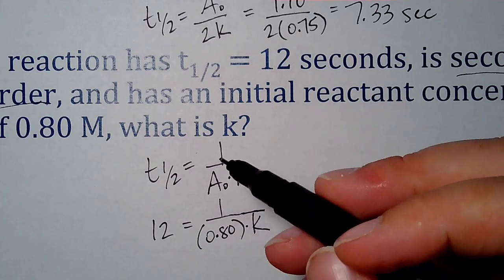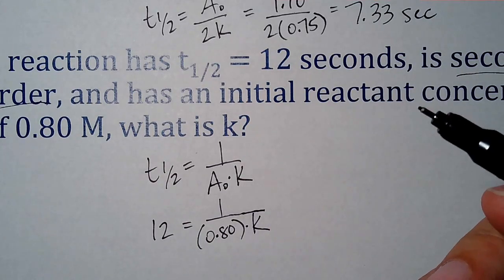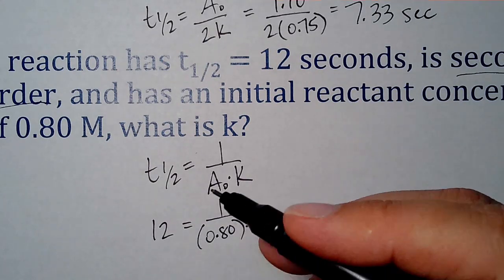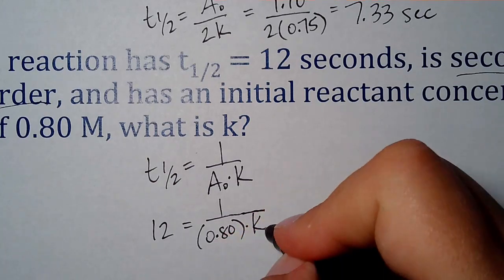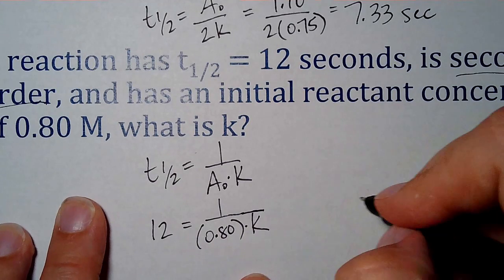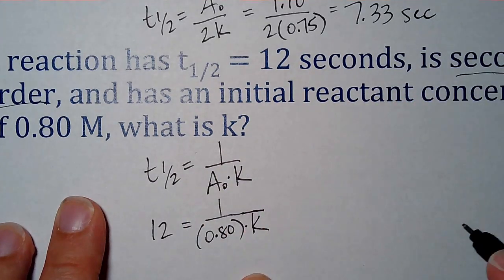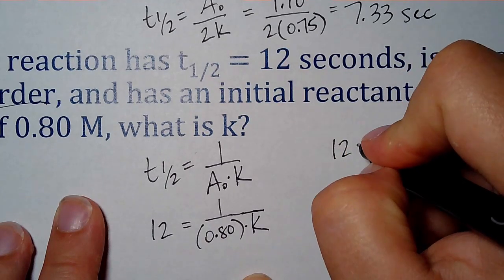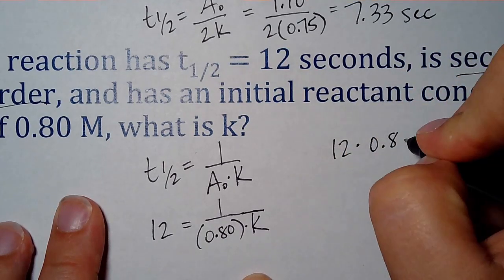We can do a cross-multiplying idea, or we can multiply the bottom part of this fraction over here, and I'm going to do it that way, but the point is we want to get K off the bottom. So I'm going to have 12 times 0.8 times K is equal to 1 when I multiply this over.